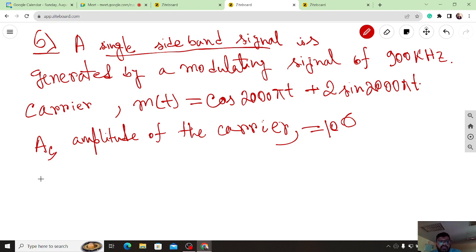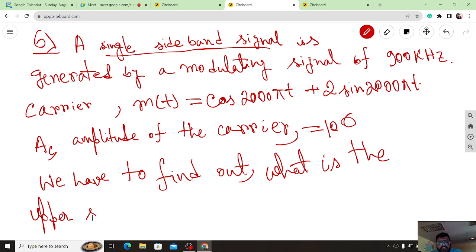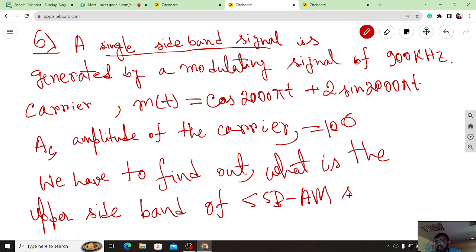So we have to find out the upper sideband of the SSB AM signal.